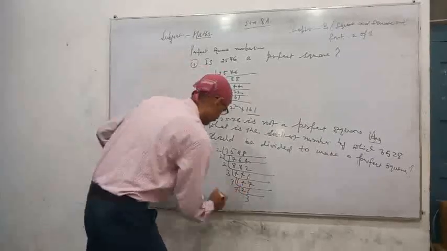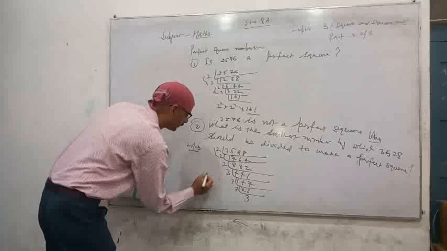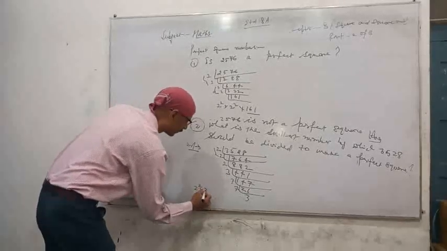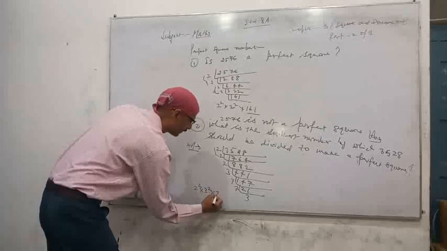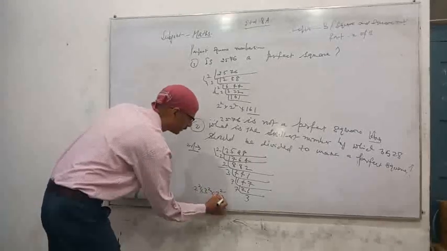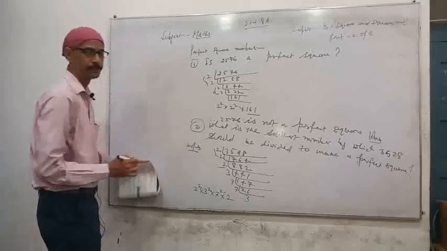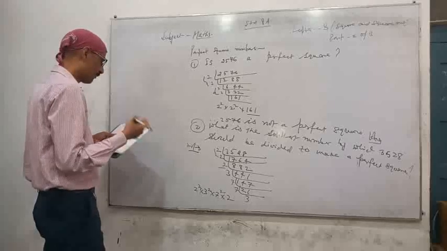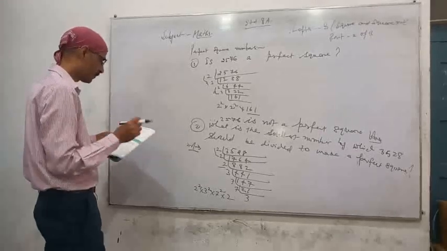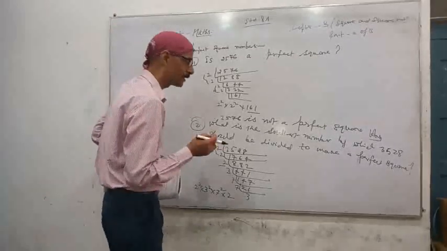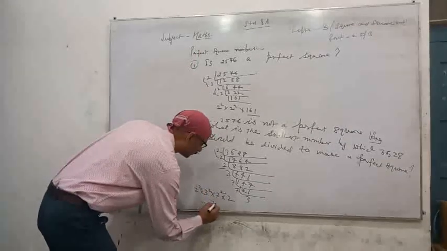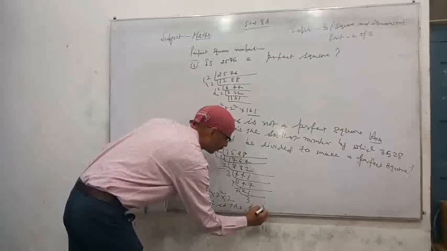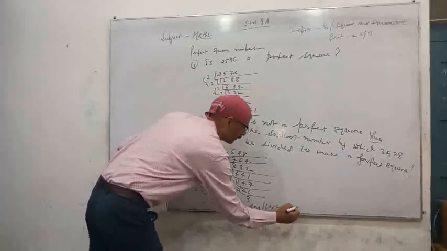Now you can write the pair 2 squared, and 3 into 3, 3 squared, 7 and 7, 7 squared, plus 2 is an unpaired number. So this is the required answer, because 2 is the smallest number by which 3528 must be divided to make a perfect square. Therefore 2 is the smallest number. Answer.